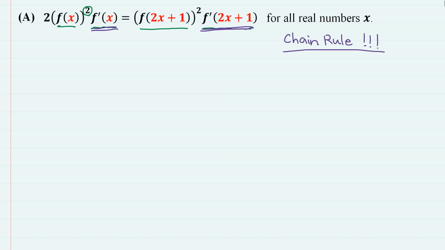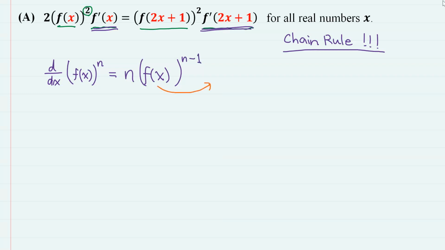More specifically, the derivative of f(x) to the power of n, right? If you differentiate f(x) raised to the power of n, you have n times f(x) to the power of n-1 by the power rule, and by the chain rule, you have to multiply the derivative f'(x). What about the right-hand side with f(2x+1)?